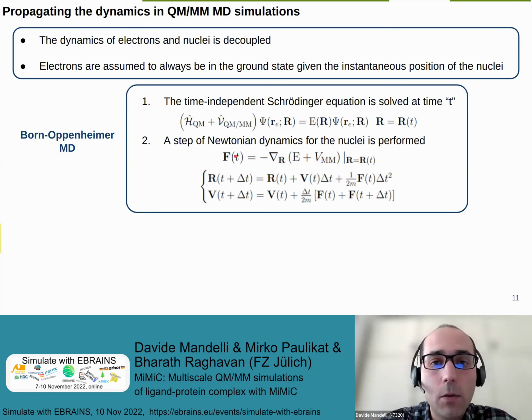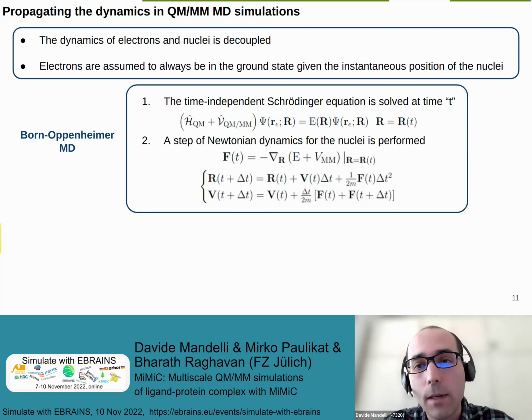And once the forces are computed, one can update both the positions and the velocities of all the degrees of freedom in the system by solving a discretized version of Newton's equation. Given the new positions of the ions, one then iterates these two steps for a user-defined number of steps. The result of this process is a sequence of snapshots or configurations of the system as a function of time that can be used to compute time averages of any observable one is interested in.